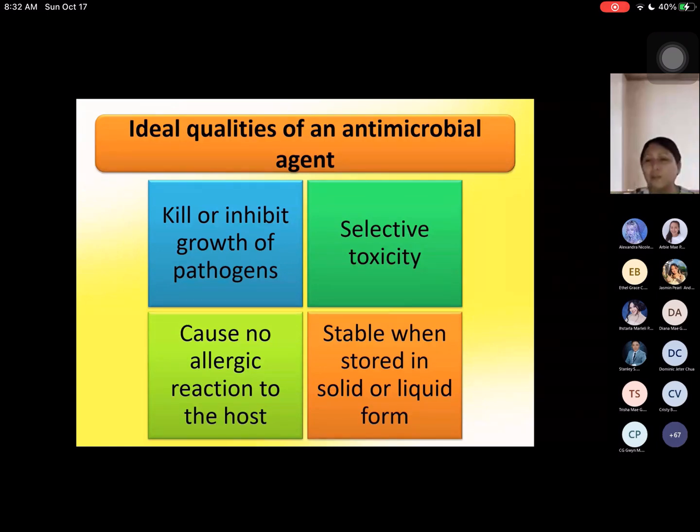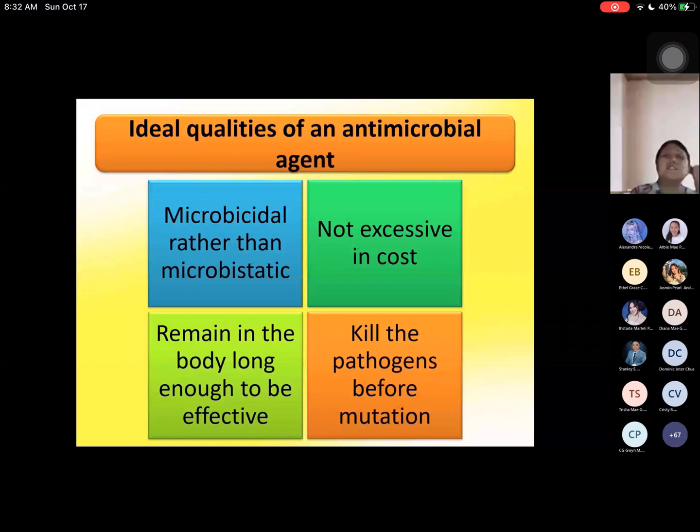Next, they should be microbicidal rather than biostatic. We learned that microbicidal drugs usually destroy or kill all microorganisms, compared to microbistatic, which only inhibit reproduction or the growth of microbes.